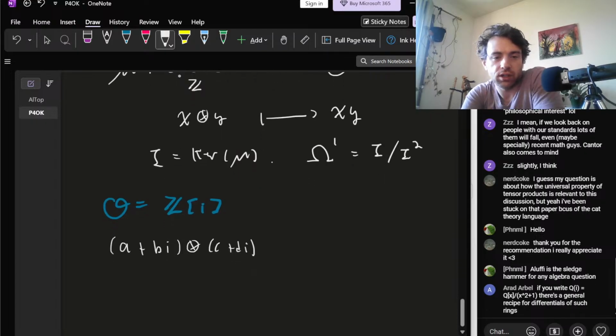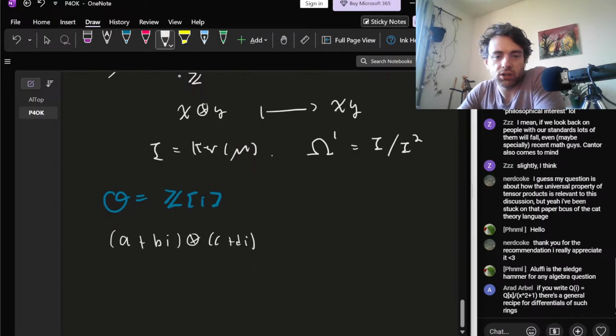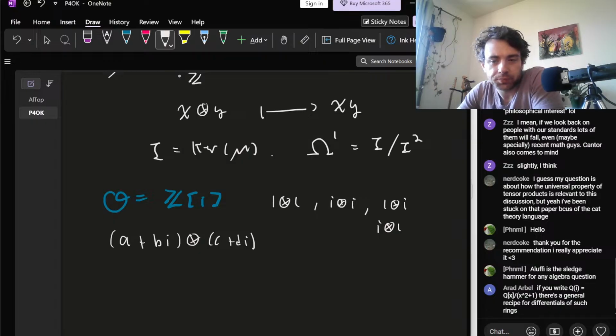So certainly this will be generated by these elements as a Z module. And it's got to be free, right? I'm pretty sure. So that should make our computation easy, right?